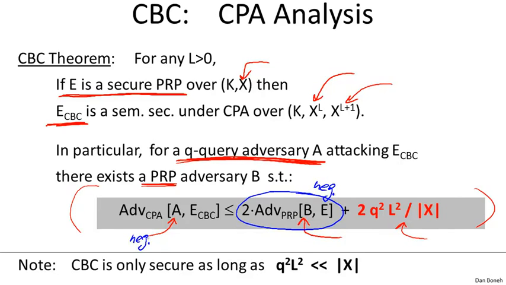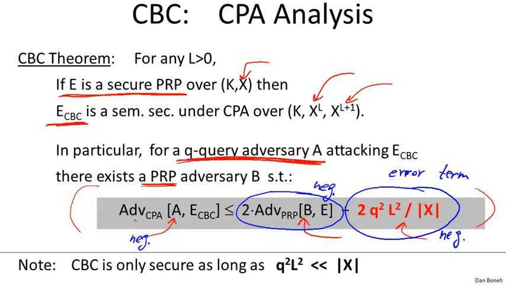However, we're prevented from saying that because we got this extra term, which is often called an error term. To argue that CBC is secure, we have to make sure the error term is also negligible. If both of these terms on the right are negligible, their sum is negligible, and therefore the advantage of A against eCBC would also be negligible.